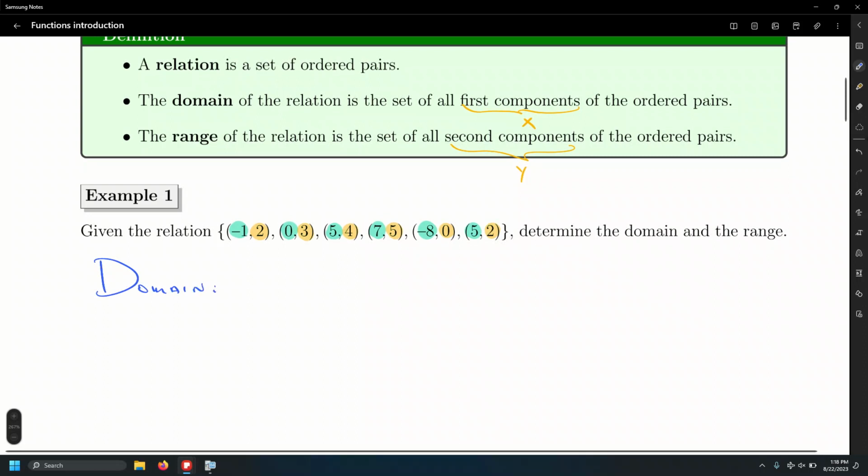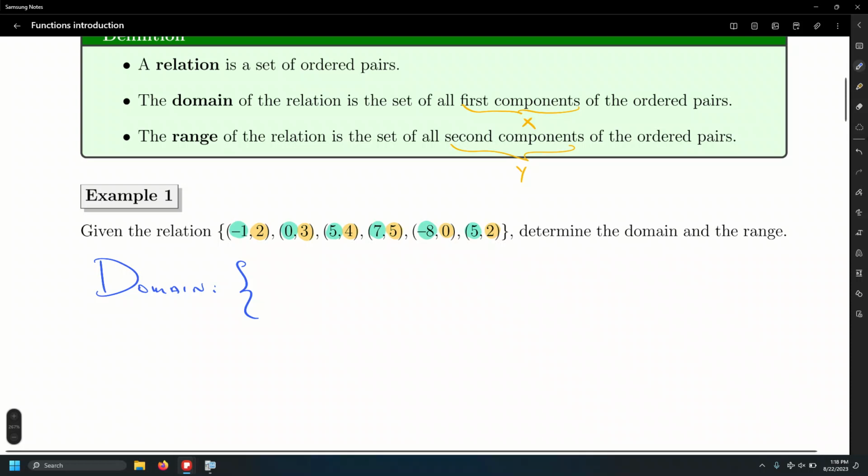To state the domain, to write all the elements in the domain, we write another set of curly braces here and list all the elements that I highlighted in green. Preferably we write them in increasing order.